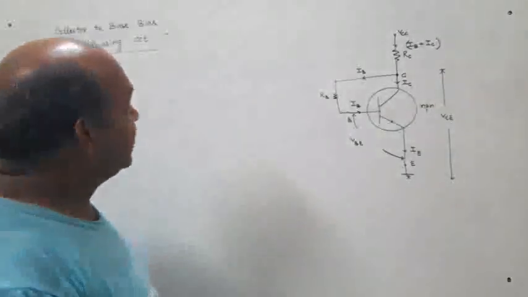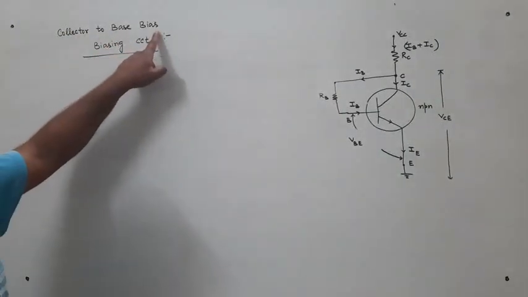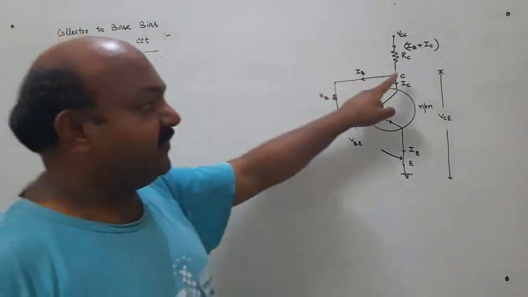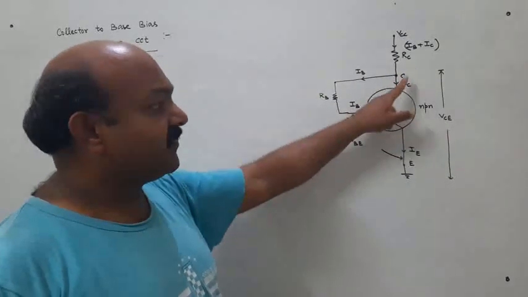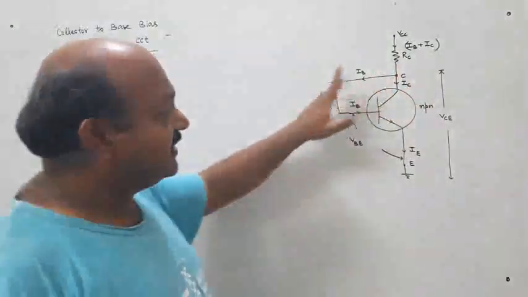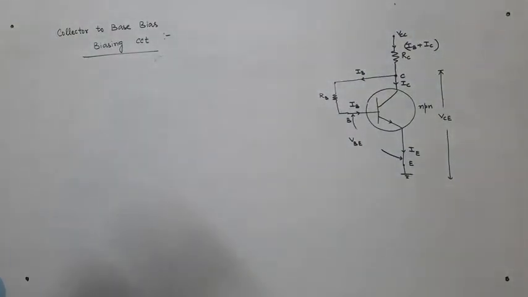So here the name of the circuit is collector to base bias. It is because here feedback is given to the base from the collector, and as it stabilizes the Q point, it is called a biasing circuit.